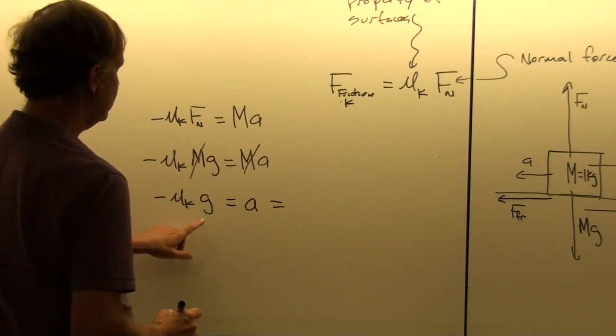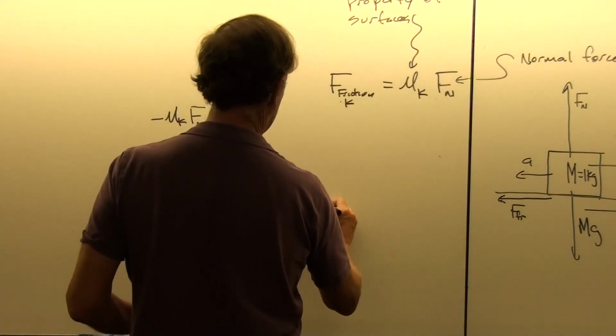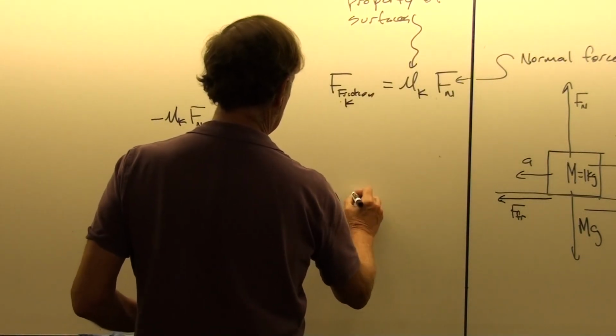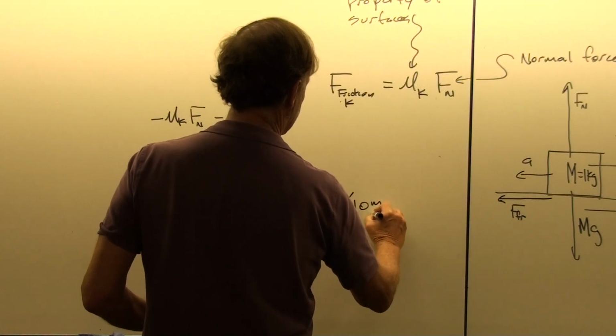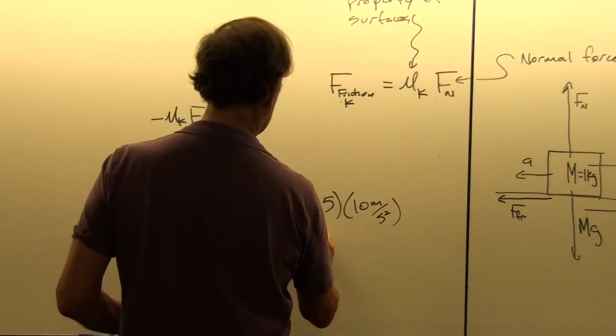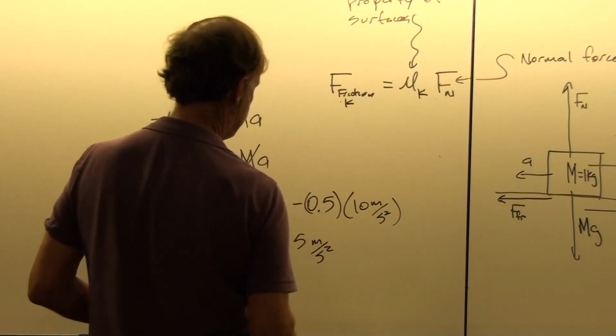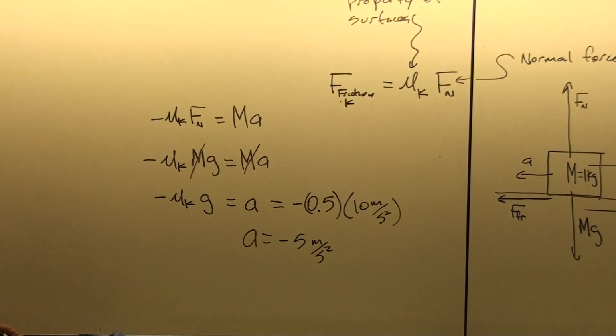Or, if we use 10 for g, that's going to be minus 0.5 times 10 meters per second squared, and that gives us minus 5 meters per second squared. Okay, so that's our acceleration now.